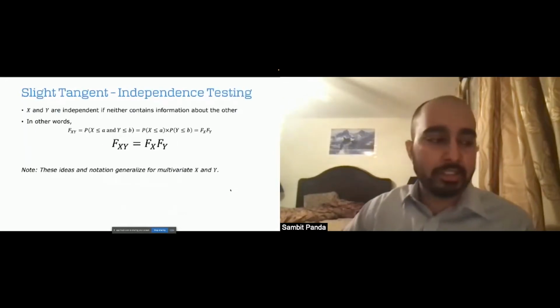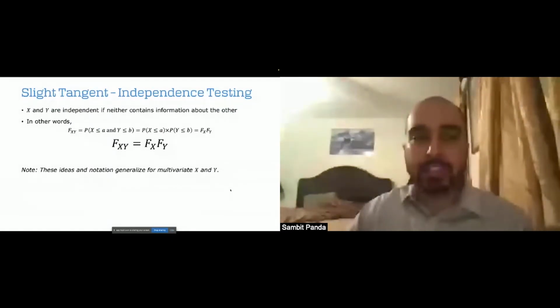So before I go into our approach, a little bit of background on independence testing. We're given two random variables X and Y, and they are independent if neither contains information about the other. Essentially, we're seeing if we can separate their joint distribution F_XY into their marginal distributions, which are F_X and F_Y.